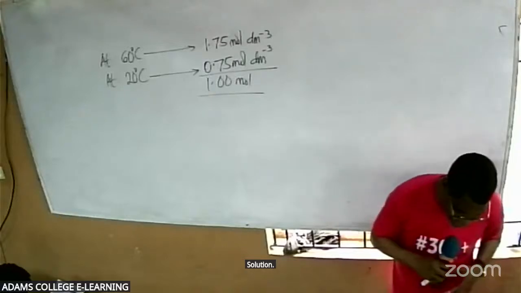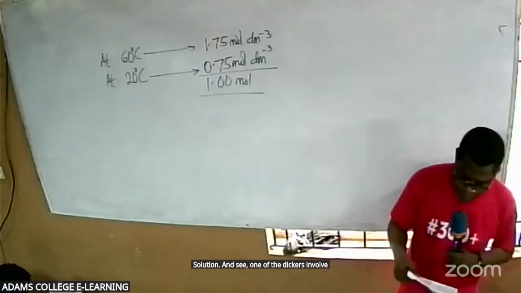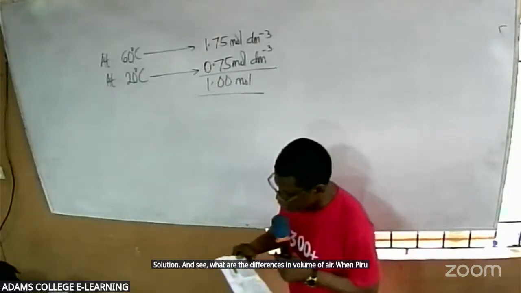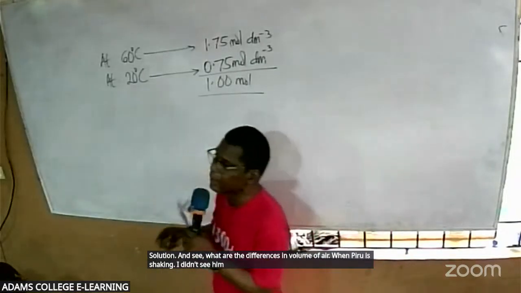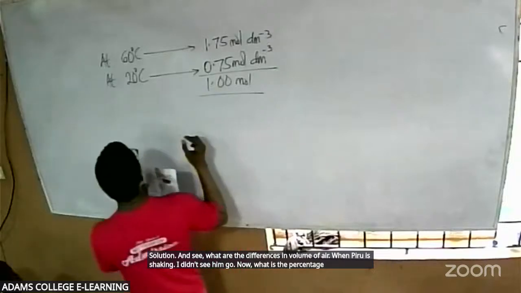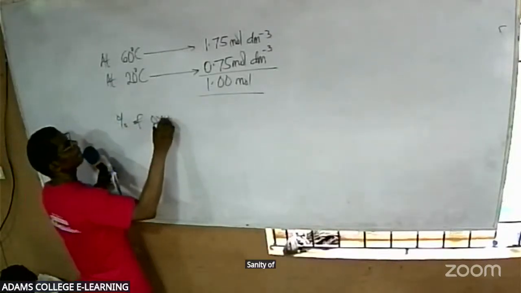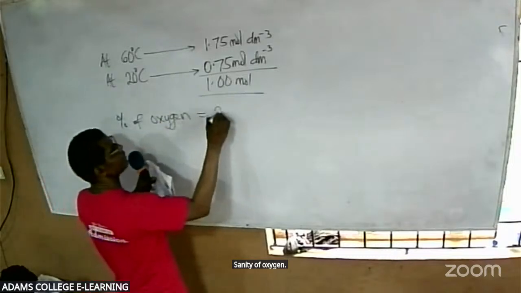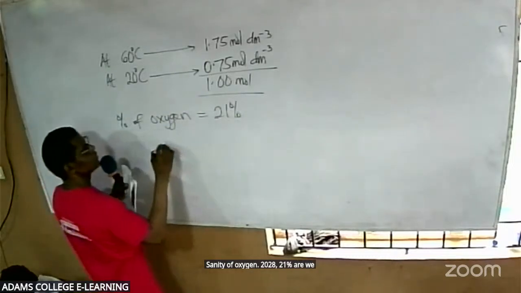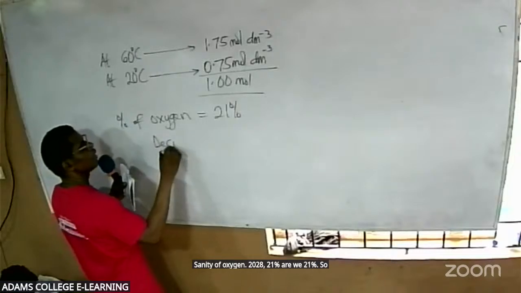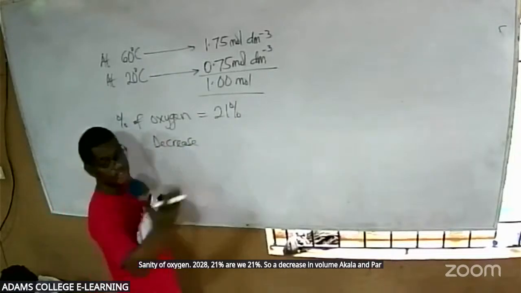18. What is the decrease in volume of air when pyrogallol is shaken with 30 cm³ of air? Now, what is the percentage of oxygen in air? 20.8, about 21%. So the decrease in volume: alkaline pyrogallol will take up oxygen.